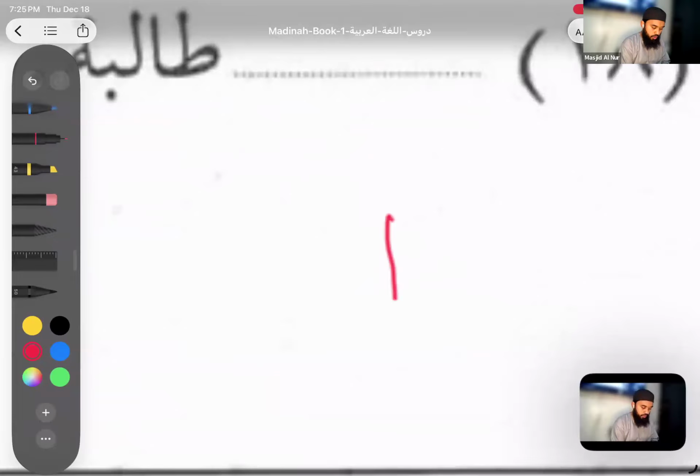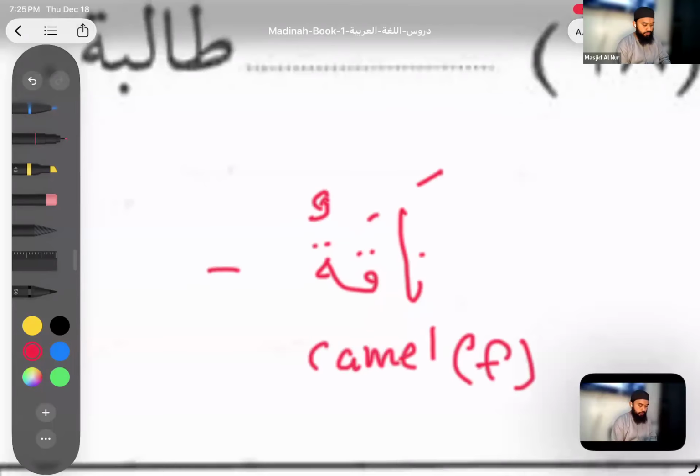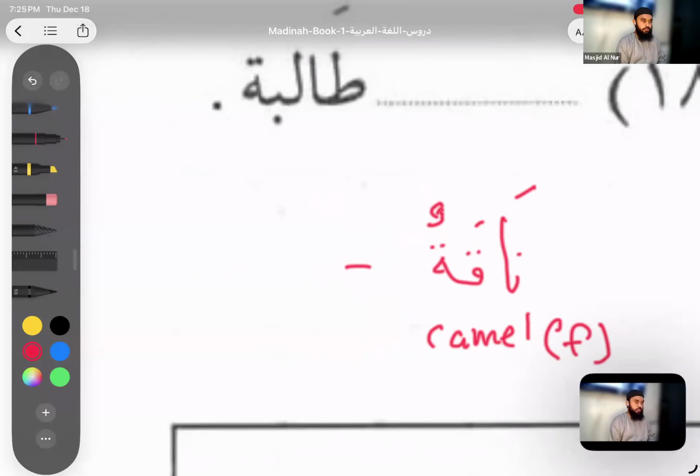And again, I don't know how you guys found these vowels. I suggest you go through the Hans Wehr dictionary. Naqatun, female camel. What's the plural for this? Anyone found it? Anyone searched for it online?